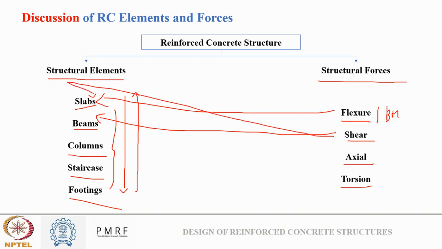We need to be concerned for shear. Axial, we talked mainly in columns, axial load that comes in a column, and how it can generate additional moment also when there is a long column. And torsion, it can occur in the interaction of slabs and beams or beams and columns, that we introduced.